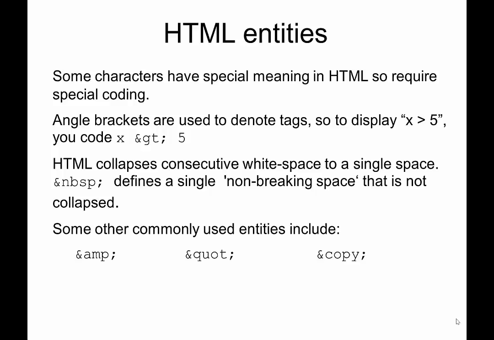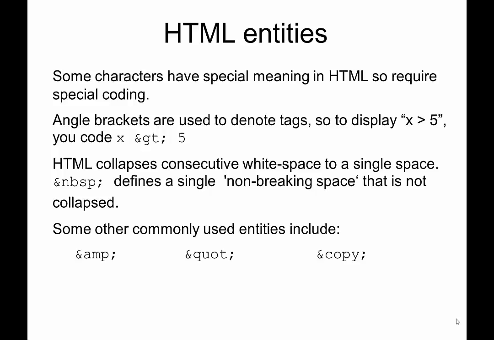Another example of an HTML entity is ampersand NBSP, which stands for non-breaking space. In your HTML document, you can include space just to help you format it and make it look nice, just like you use space in your SQL queries to line the different bits of your SQL queries up. But you don't want all that space to be displayed in the browser that's reading that web page.